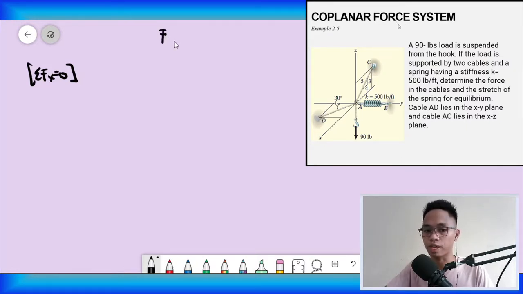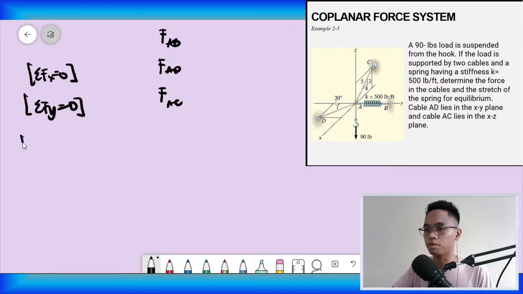We have FAB, FAD, and FAC. Now we have three equations: the summation of forces x, the summation of forces y equal to 0, and the summation of forces z equal to 0, taking all the i, all the j, and all the k components respectively.